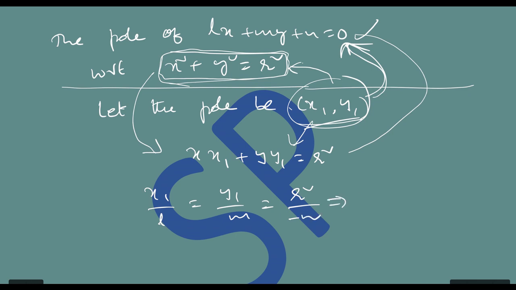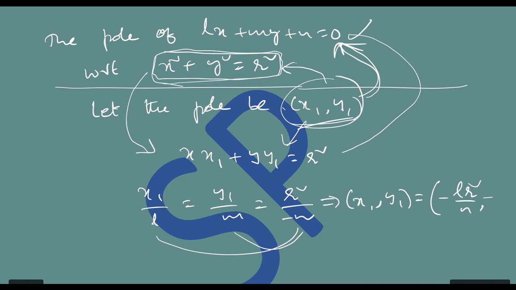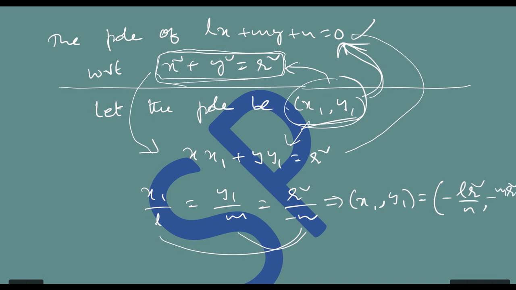Or from this I have x1 comma y1 is equal to, from this what is x1? Minus lr square by n. And from this y1 is nothing but minus mr square by n. You got your pole. Okay, some people memorize this as a formula.